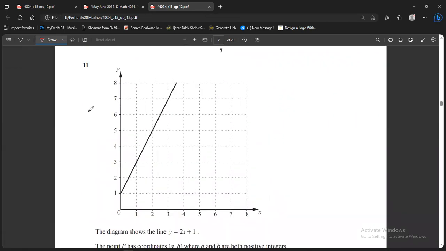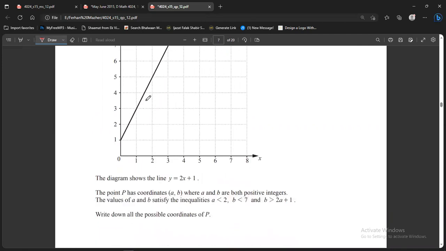That is question number 11. The diagram shows the line y equals 2x plus 1. Okay. The point P has the coordinates A, comma B. So A is X and B is Y, where A and B are both positive integers. Okay. The values of A and B satisfy the inequalities.